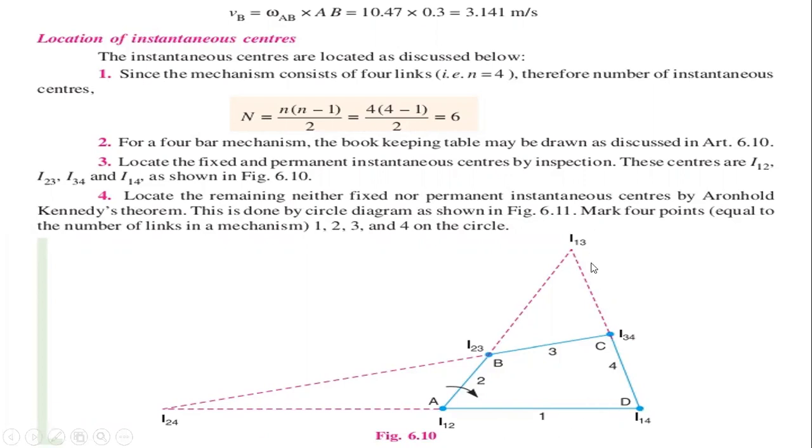That is, in this line you got 1, 2, 3 points, and from this line you got 1, 2, and 3 points, and from this line also we got 1, 2, and 3 points. So from anywhere we will get all these 3 points locating in the same manner.